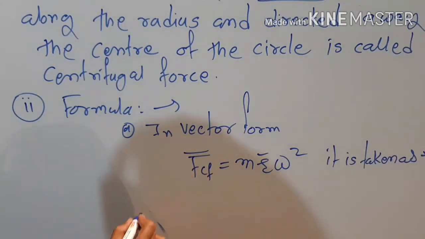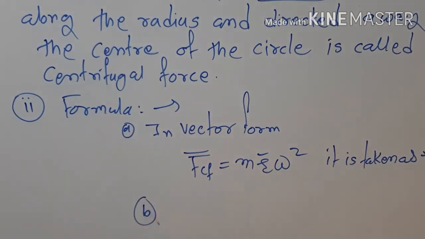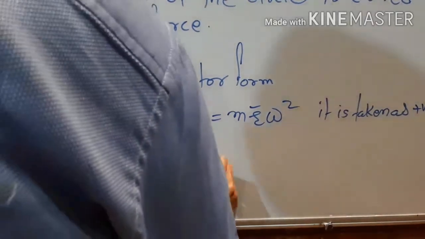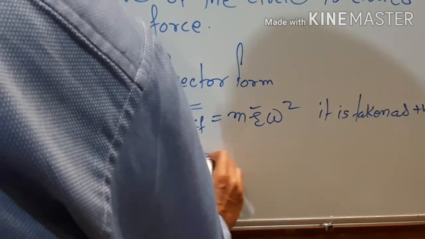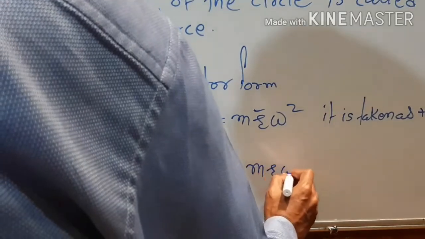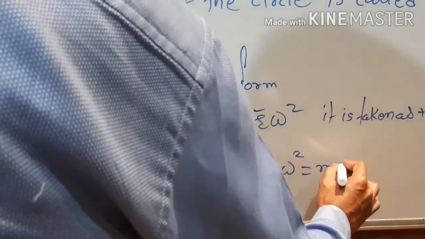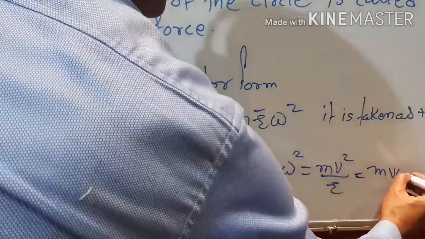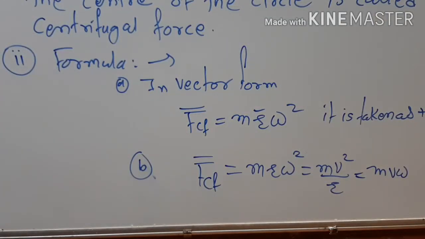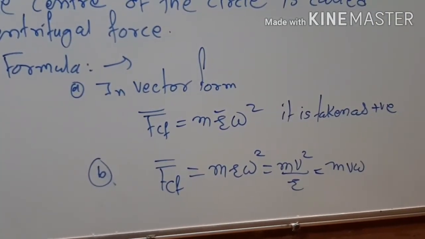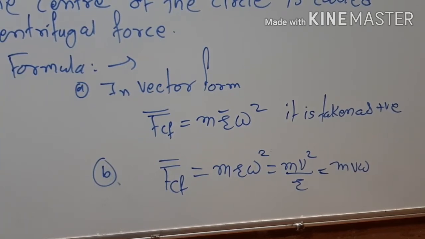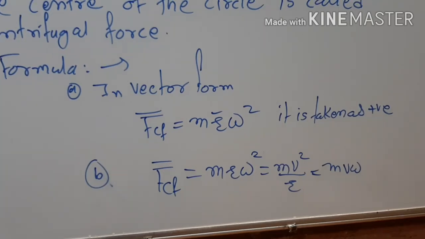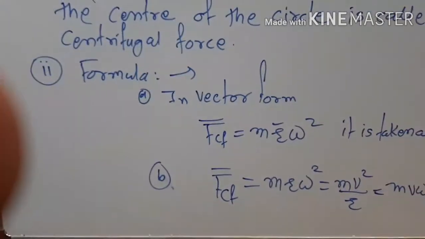Similarly, write down the formula in scalar form: F_CF is equal to m r omega square is equal to m v square upon r is equal to m v omega. Similarly to the centripetal force, the formula for the centrifugal force in scalar form is the same because the magnitude is the same.